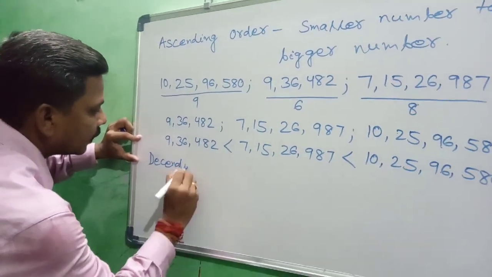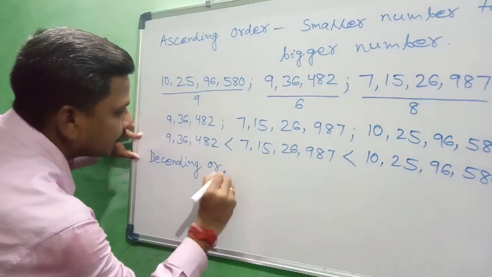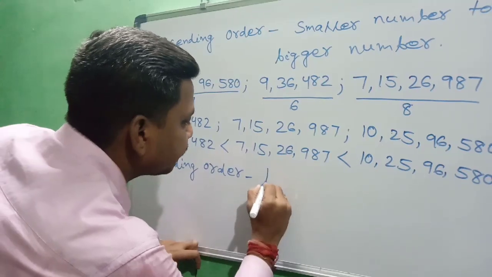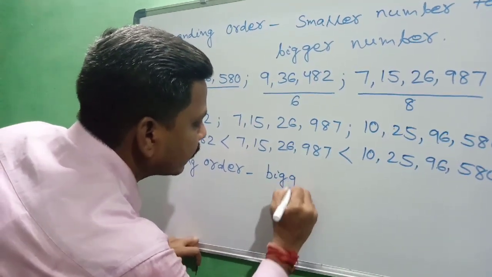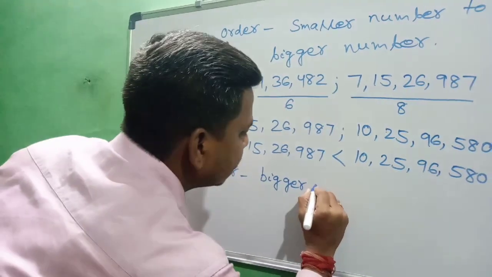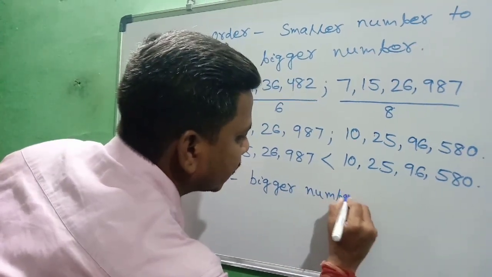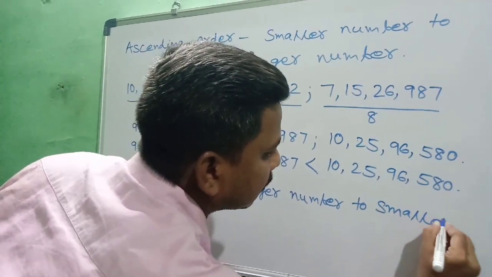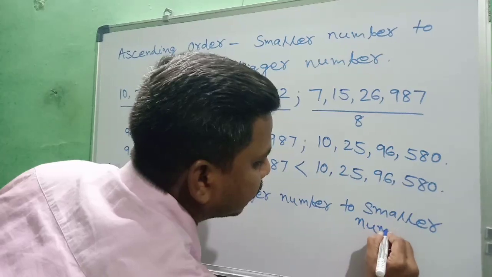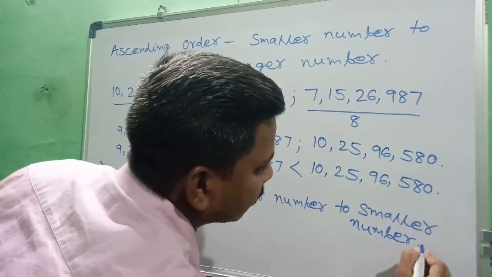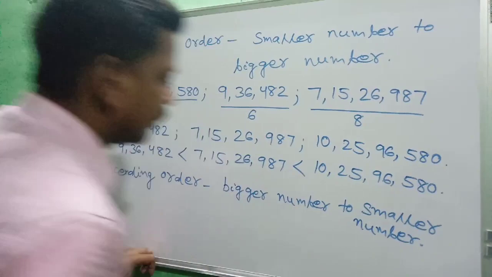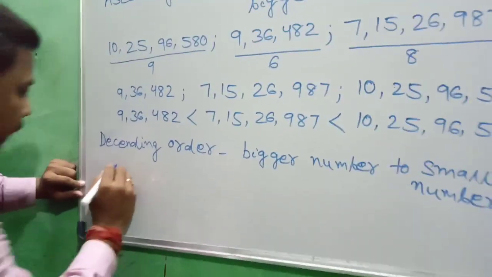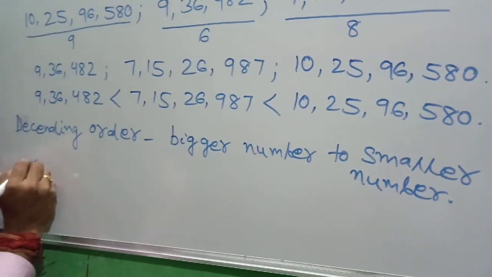Descending order means the bigger number to smaller number. Here I am taking 3 more numbers.